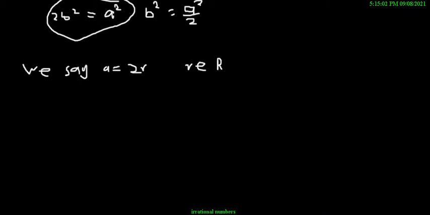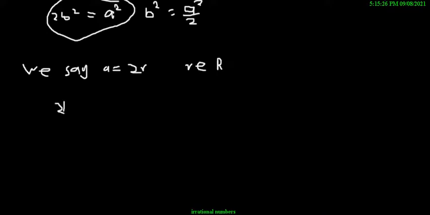Now that we've got a is equal to 2r, remember what we said: a squared is equal to 2b squared. So where there is a, we can put 2r.